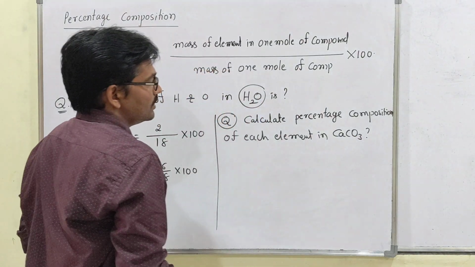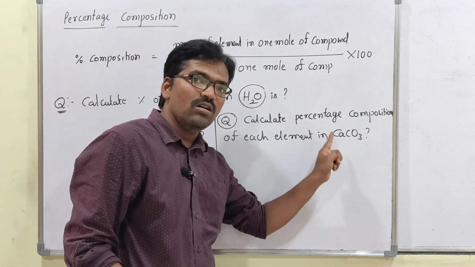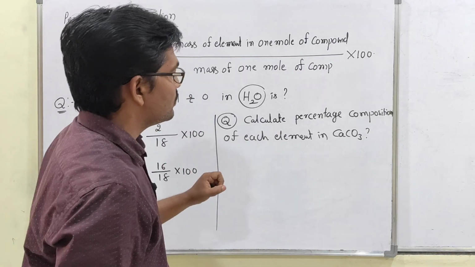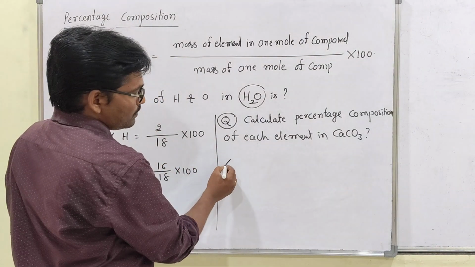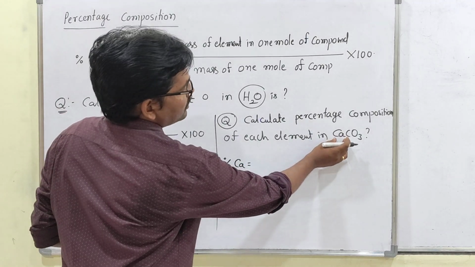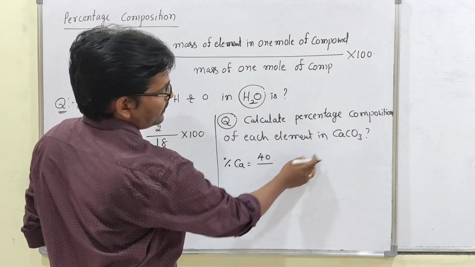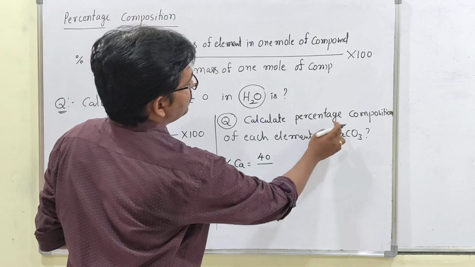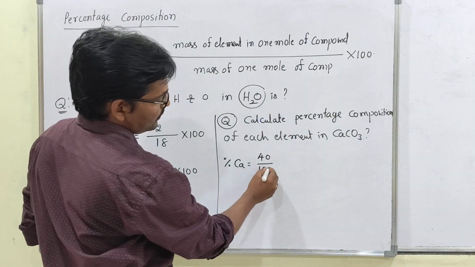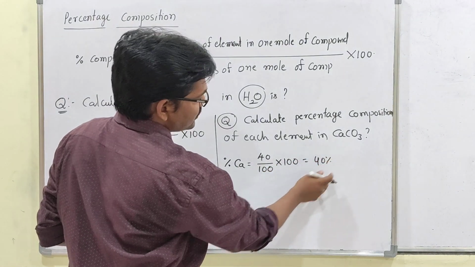They're asking this question. Calcium is there, carbon also is there, oxygen also is there: 3 elements. What you have to find out is the percentage composition. First, for the percentage composition of calcium, the atomic mass of calcium is 40. So 40 divided by the total mass of the compound, the mass of 1 mole of compound, that is 100. Then into 100, you get 40% of calcium.